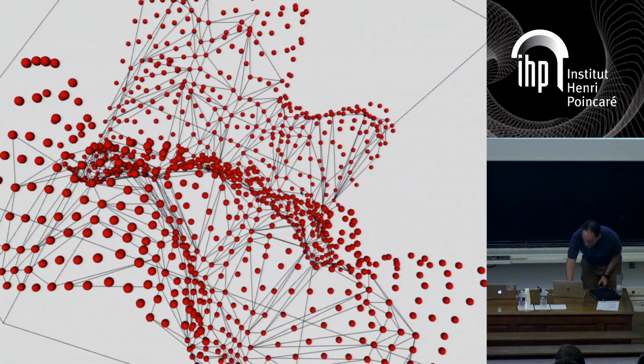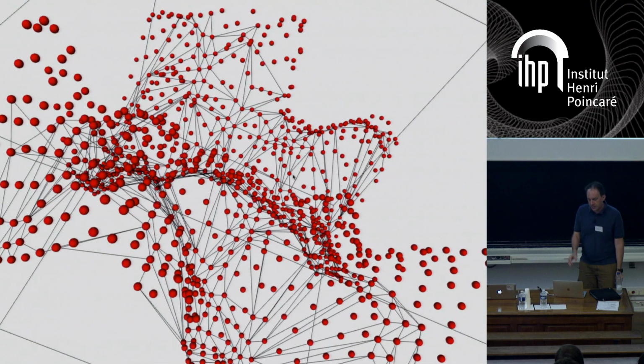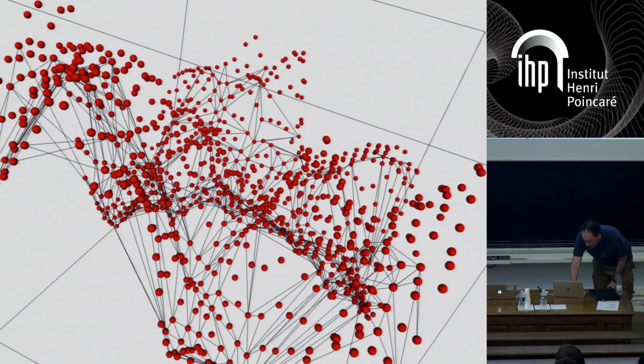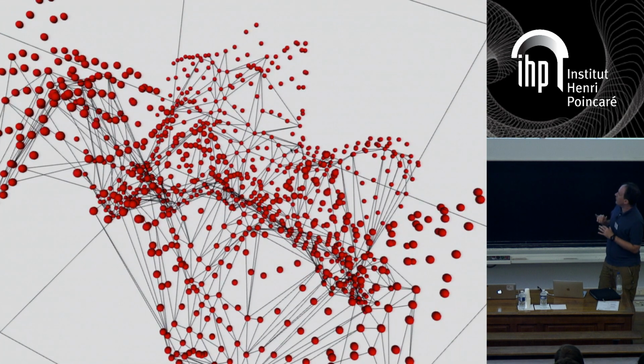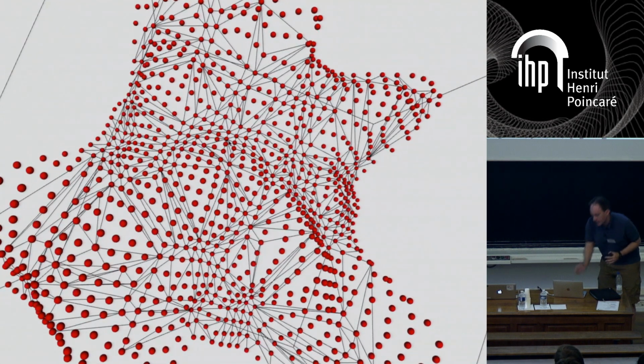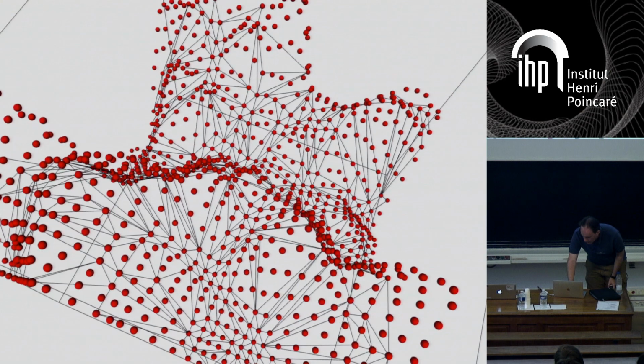The points are places where the potential is sampled, and the lines come from this tessellation. It's actually the dual of this Voronoi tessellation, called the Delaunay tessellation.